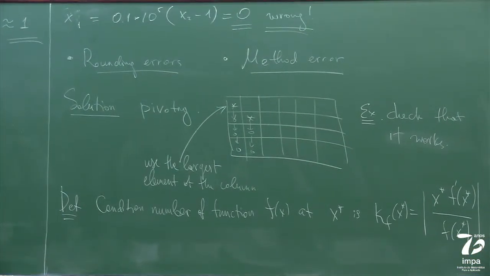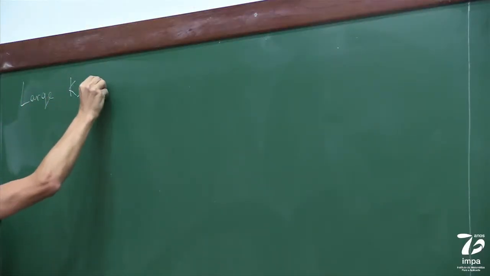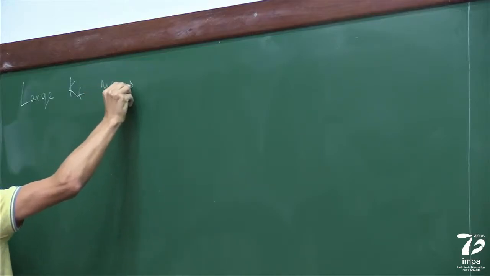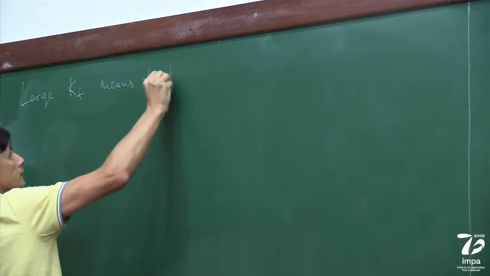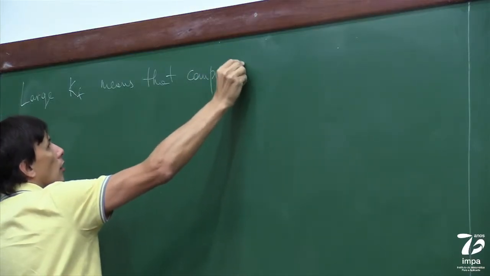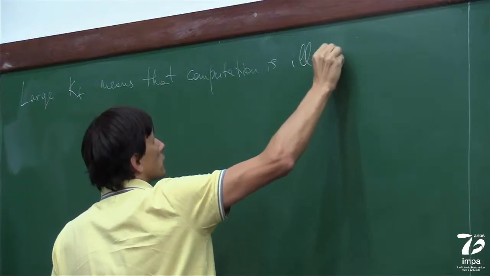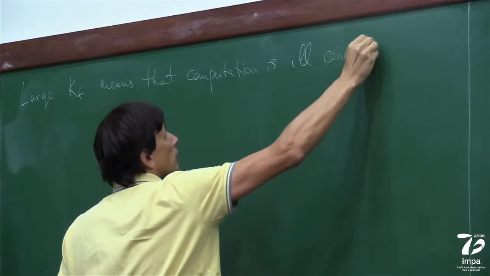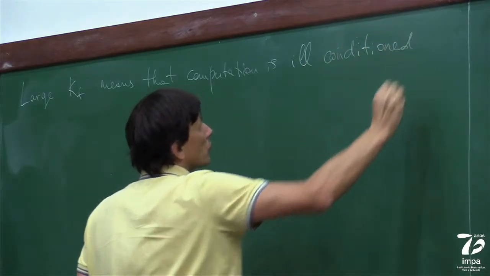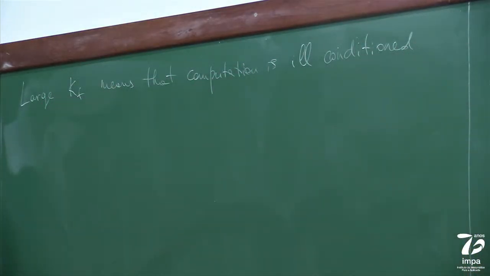So a large condition number means that the computation is ill-conditioned. This is what people say: ill-conditioned. There are many problems which are ill-conditioned by themselves.